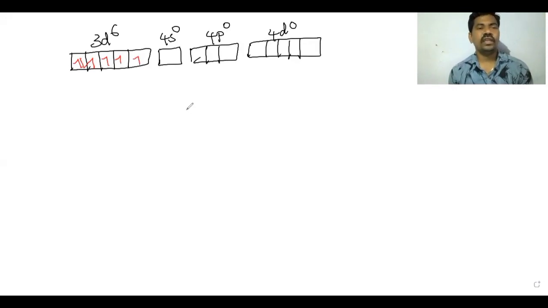Now a very important point you have to keep in mind: fluorine is a weak field ligand.